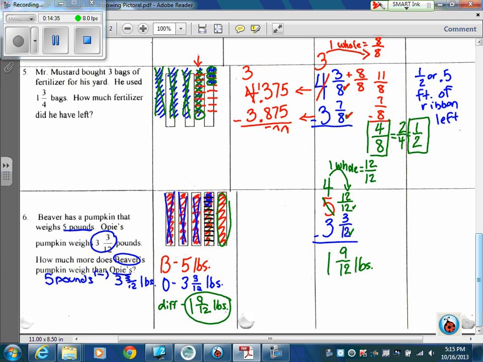There's no sense in making it more difficult than we need to. So here I have my answer. I'm just going to write it in my answer column. That what we were looking for is that Beaver's pumpkin weighs 1 and 9/12 pounds more than Opie's.